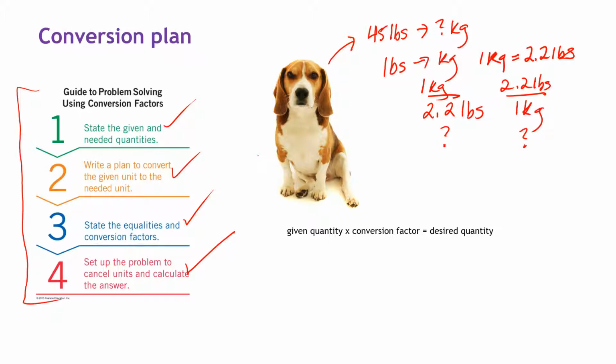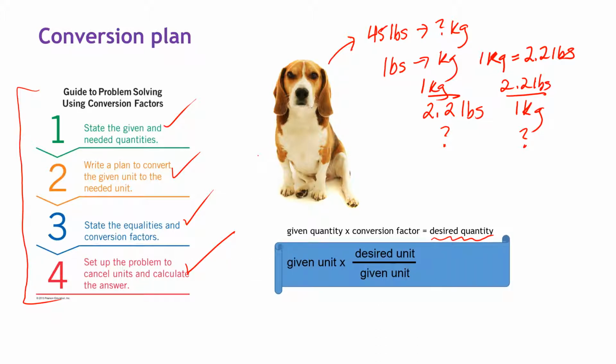Because we have two different possibilities. So given quantity times conversion factor gives us desired quantity. We can look at that in a way that's even more useful: given unit times desired unit over given unit. That's going to make sure that the given unit cancels and that we're left with the desired unit.